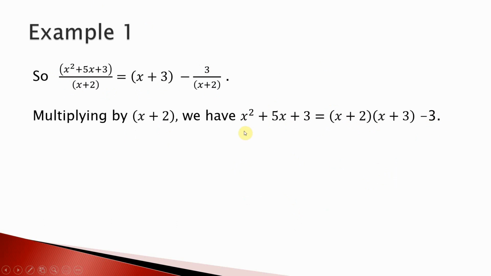So when we divide by a linear polynomial, the remainder will always be a constant. So the remainder will be at most a polynomial with degree 1 less than the degree of the divisor.